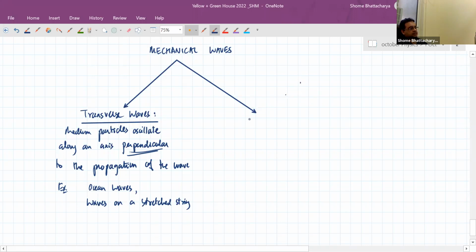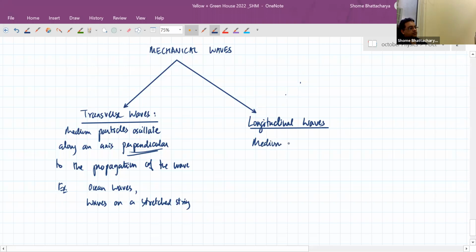And the second category is, as I'm sure you're aware, longitudinal waves. These are ones where the medium particles oscillate along an axis which is parallel to the propagation direction.